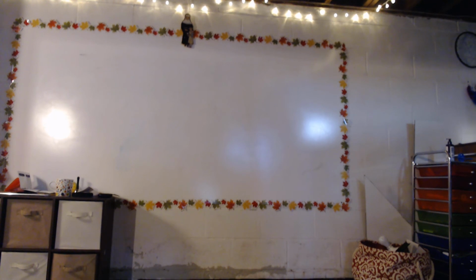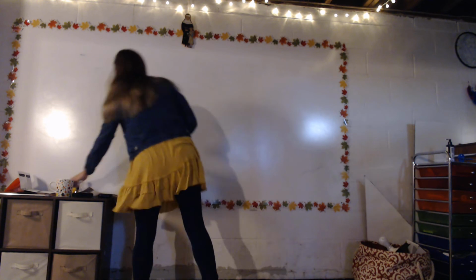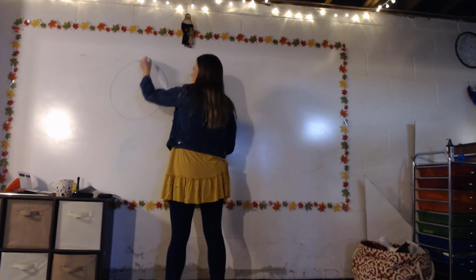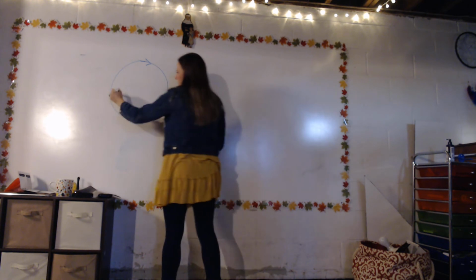Now, if something is spinning, I need to grab a marker, wait a second. I apologize. So if something is rotating, let's say clockwise. Hopefully you can see those arrows.